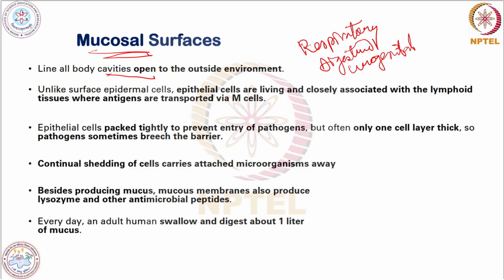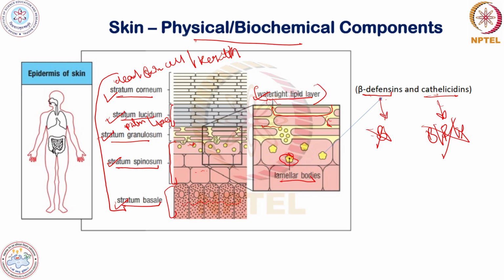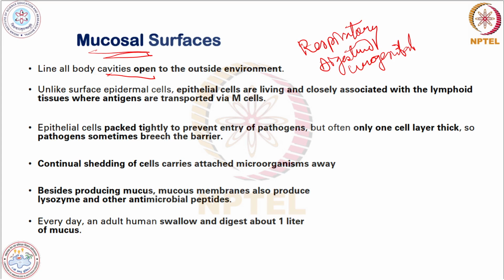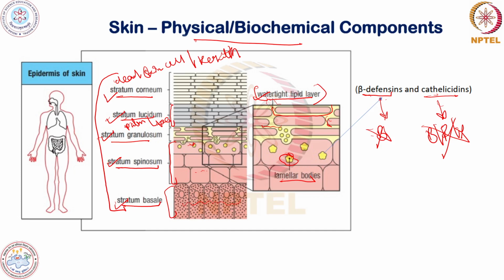Unlike the skin, which has multiple protective layers, the mucosal surface does not have so many layers. The skin is very thin, so there are many layers: if a pathogen enters one layer, the next layer will prevent further entry, and so on.